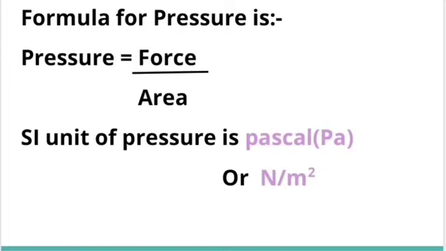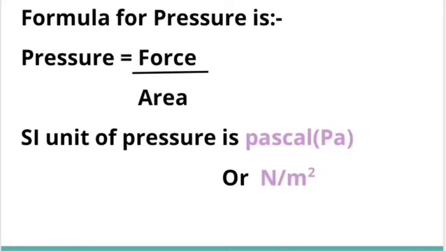Pressure is measured in Pascal, and we can say that pressure is also measured in Newton per meter square. Why? Because the SI unit of force is Newton, and the unit of area is meter square.